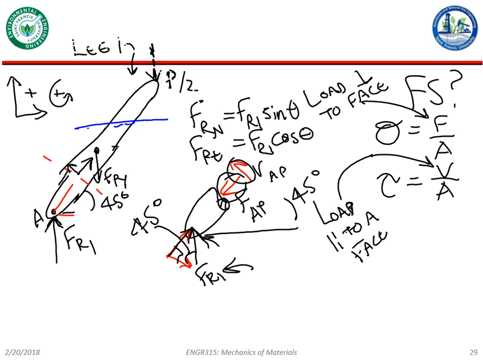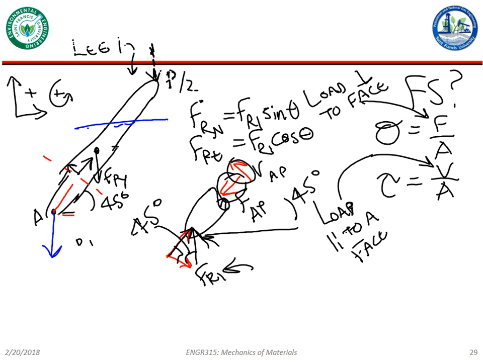So based on this, is FR1 actually pushing or pulling? Pulling. So that means that if I drew that correctly, it'd be going that way.